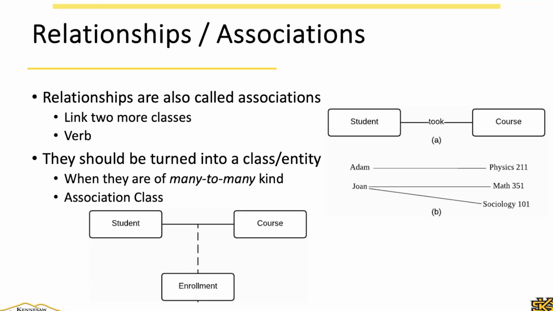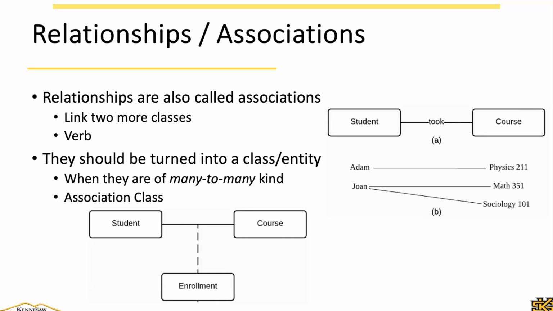For example, in the context of a school, we know that a student can enroll in a course, or students can take a course. So here, enroll and take are the verbs in these relationships. And here we have two different classes, student and course.